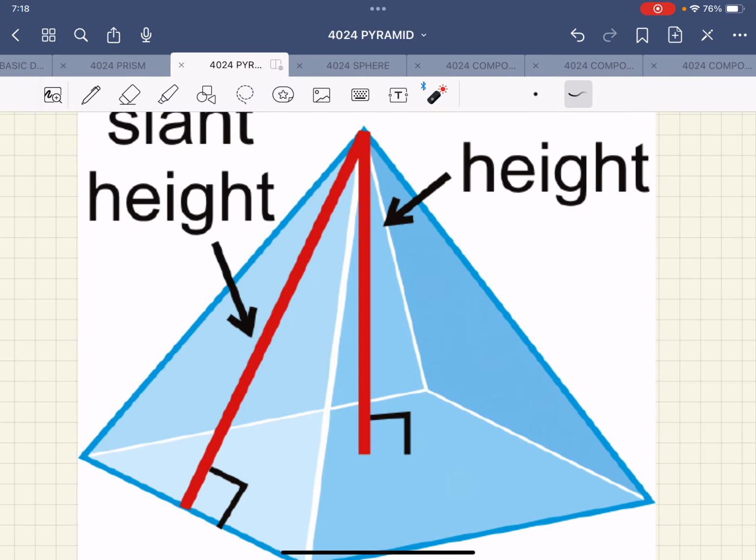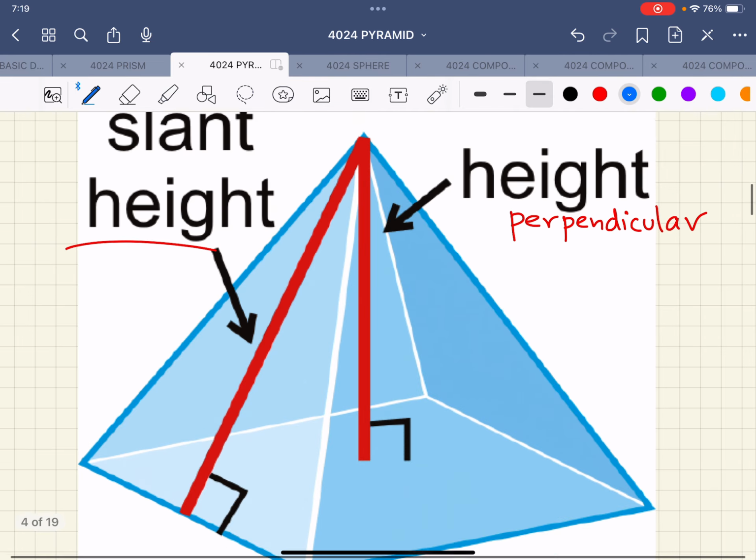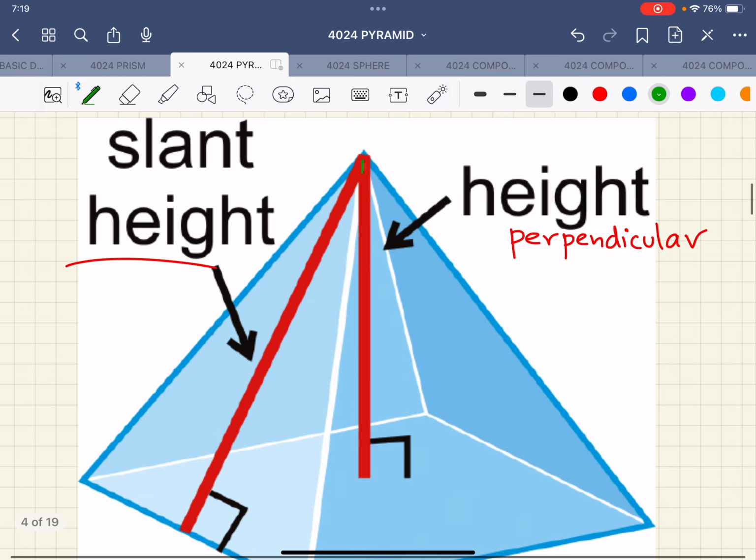This height over here is known as the slant height, and this one is known as the perpendicular height. So now let me label this in green color. I need a thick marker over here.